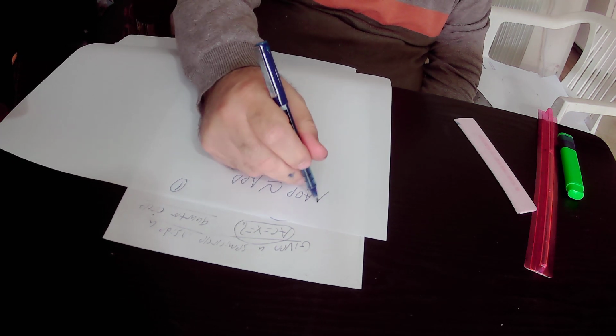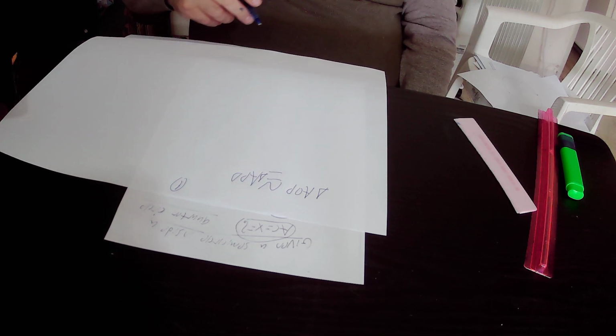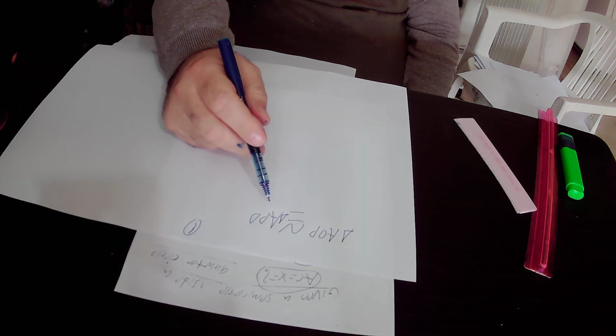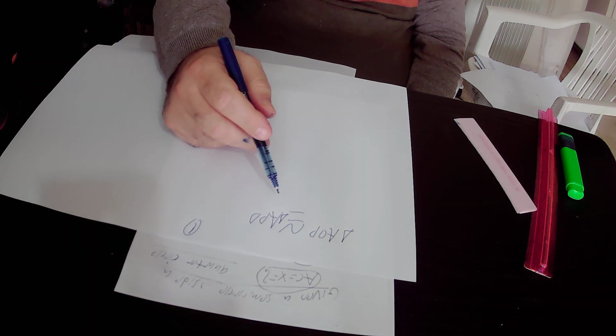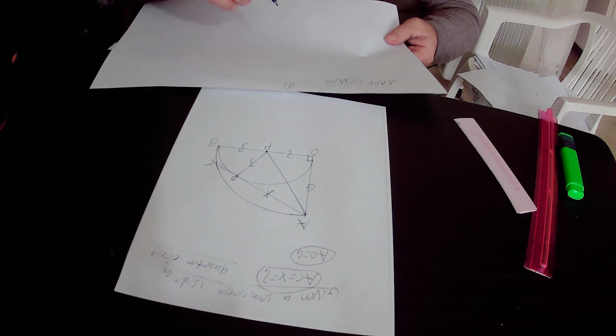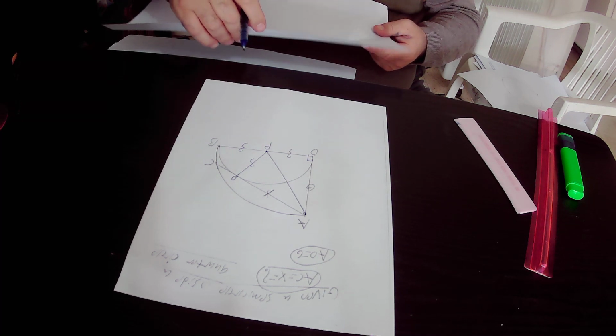According to the angle similarity rule, triangle AOP can go into triangle APD. And from that fact, we conclude that those two angles are equal to each other.